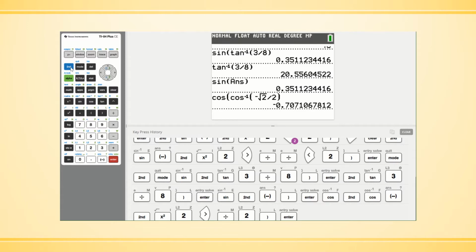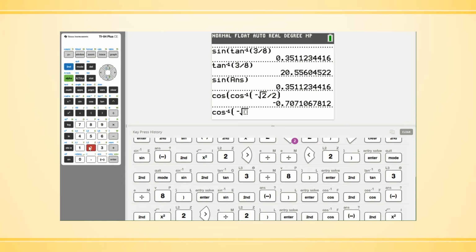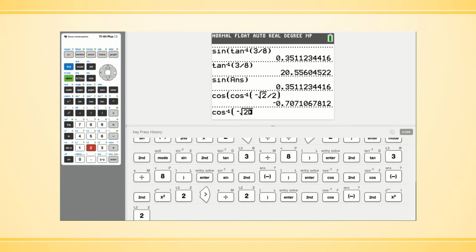And I'm just curious again about what the inverse cosine of -√2 over 2 is. I think I pretty well know from the unit circle, but just for fun, we ain't got nothing else to do, right? Well, better clear it.